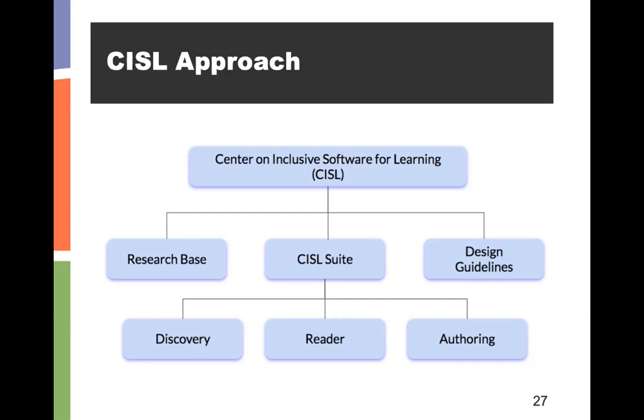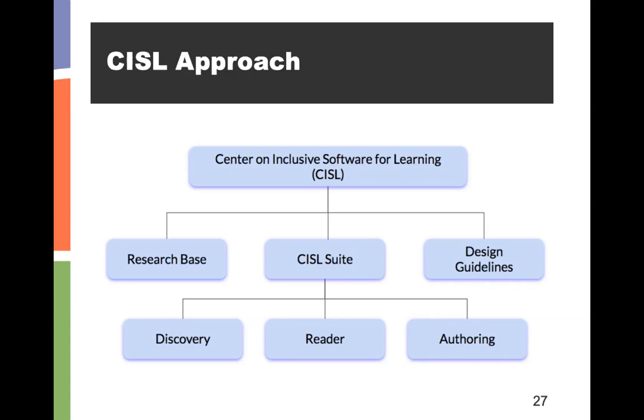I'm going to hop over the CISL suite and then pop over to design guidelines, because in this project, our process for designing new features, for working with students, for understanding learning, all of those pieces we're hoping we'll be able to put together in a set of design guidelines for other researchers and other publishers and other curriculum developers to be able to use to develop their products.